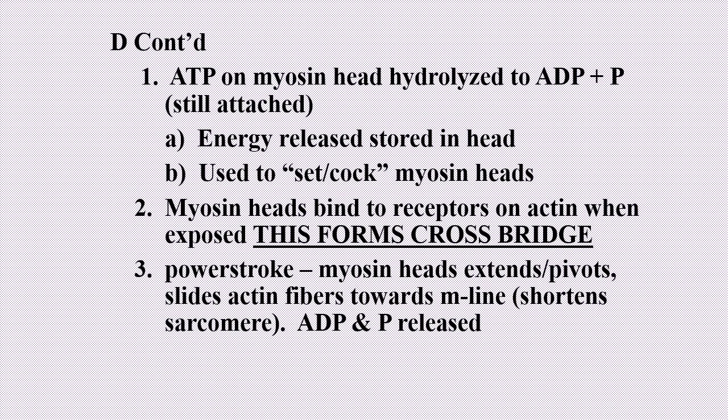They are going to slide the actin fiber toward the M line, or the center of the sarcomere. So this is going to shorten the sarcomere. When you have this happening simultaneously all along multiple sarcomeres, that's going to shorten the muscle. Okay, so now ADP and the phosphate are going to be released.